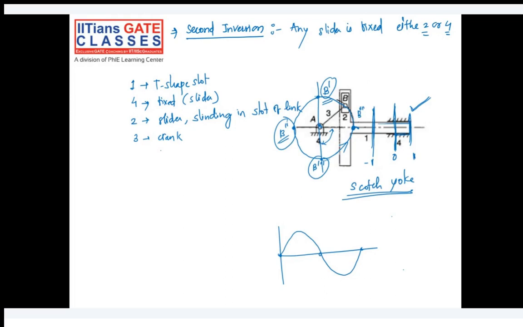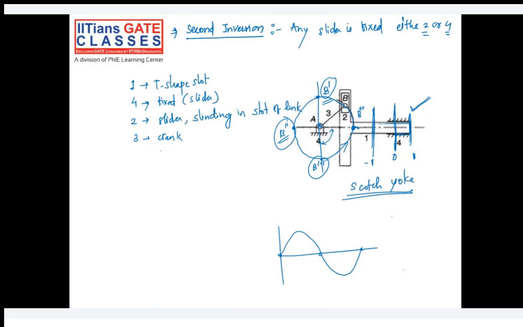If you see previous year questions coming from inversions, either you will get questions mainly from a quick return mechanism, or theoretical questions on inversions and their applications, or questions from acceleration and velocity diagrams of these different inversions.